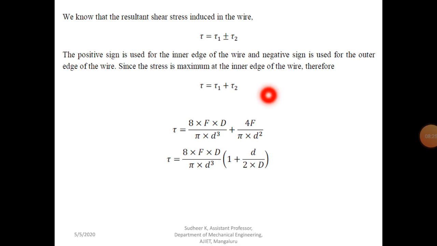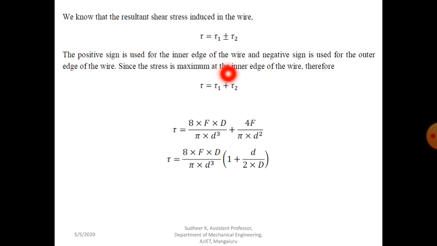The resultant shear stress in the wire consists of the superimposition of torsional shear stress, direct shear stress, and additional shear stress due to curvature of the coil. That is given by tau equal to tau 1 plus or minus tau 2. Usually we add these two stresses.